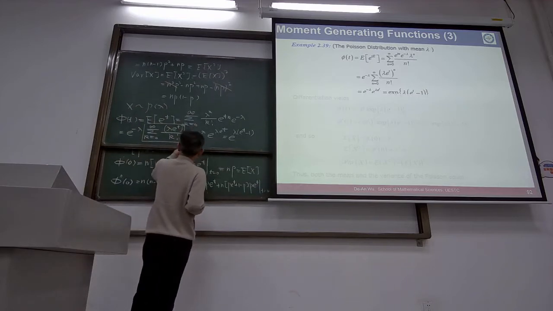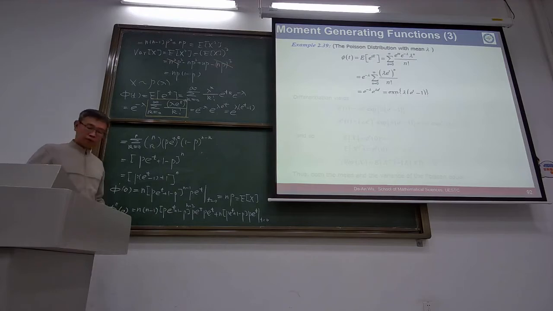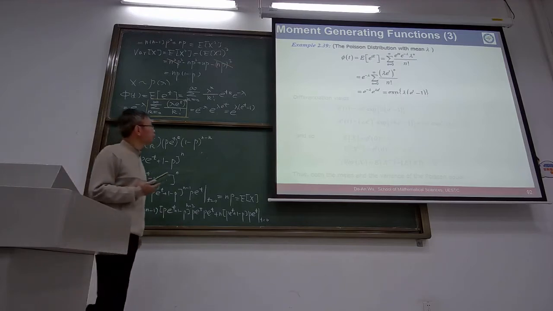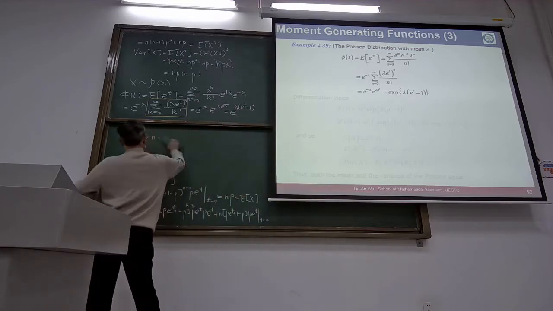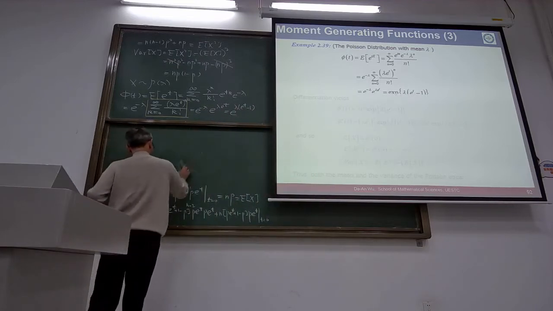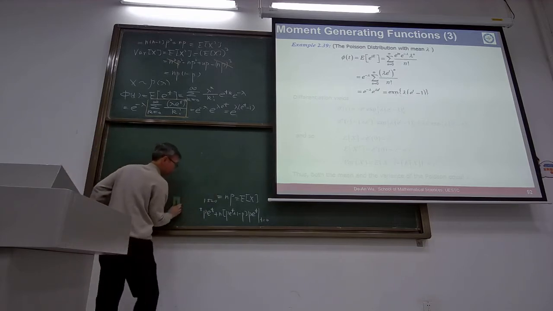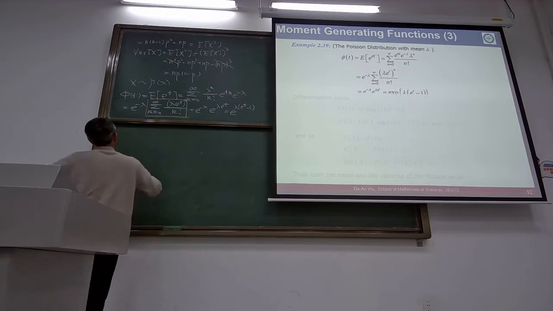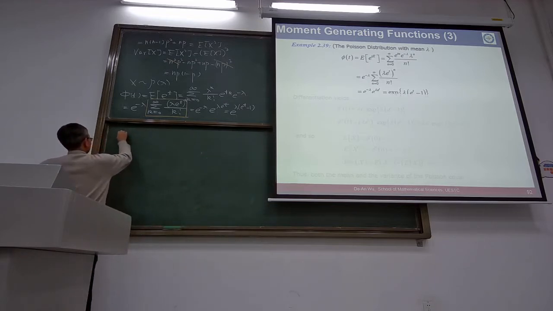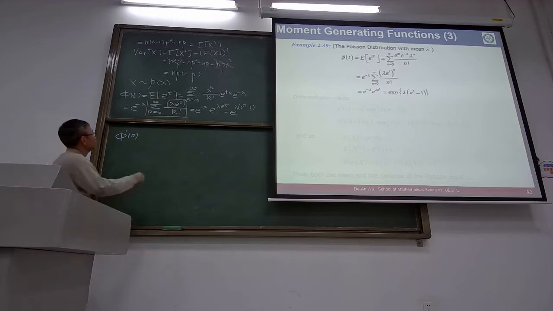To find the expectation and the variance, the expectation of X is phi prime at 0.